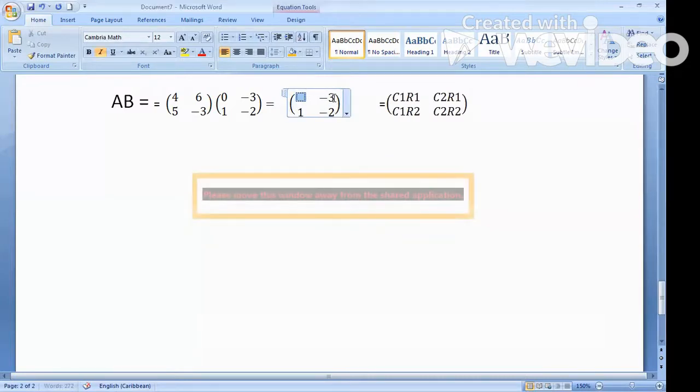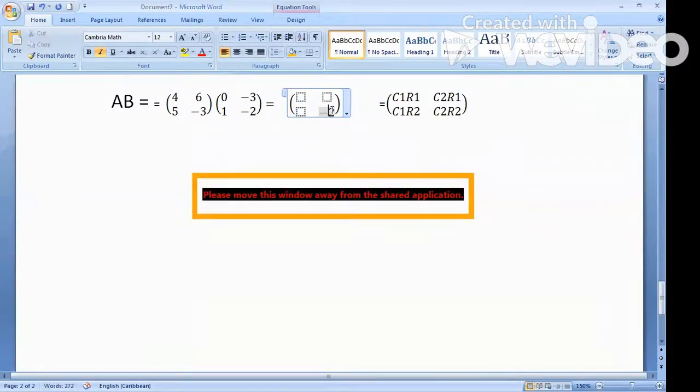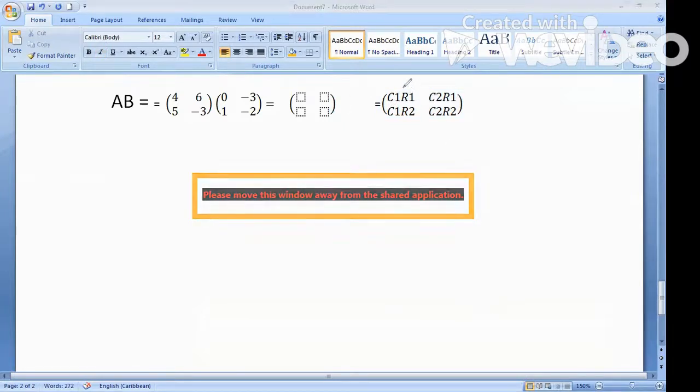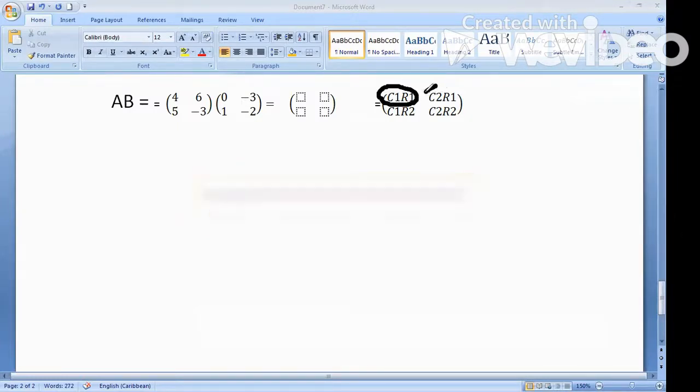I'm gonna teach you how to multiply a matrix. But I want you to learn it in a methodical way. I am going to show you how to get the column 1, row 1 element first, then the column 2, row 1 element second.